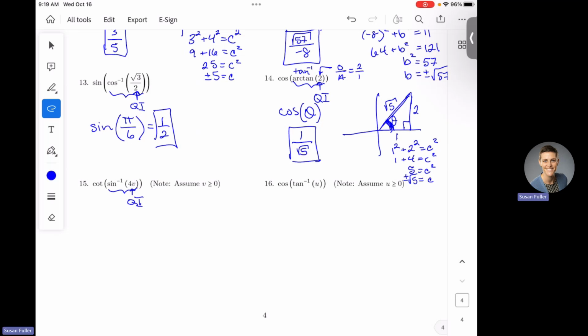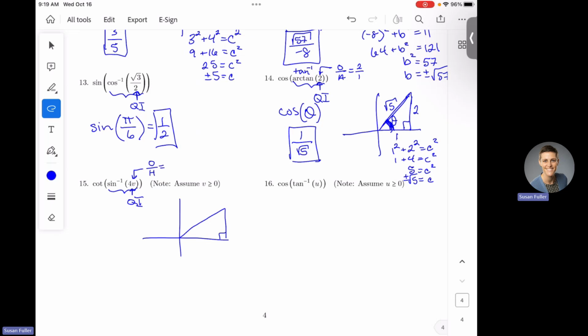So we're going to do what? Draw a triangle. If we're not on the unit circle, you are going to draw yourself a triangle. And we're going to draw ourselves a triangle in quadrant 1 because 4V is positive, or we're assuming that to make our lives a little bit easier. And now I can start to fill in my triangle. This 4V is a sine ratio, so it's the ratio of opposite over hypotenuse.